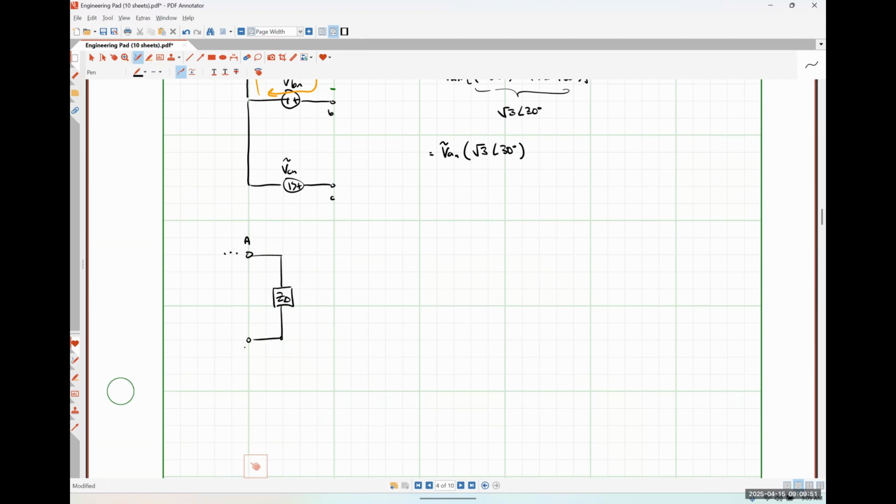So here's terminal A, B, C, and here is my C phase impedance, also Z delta.